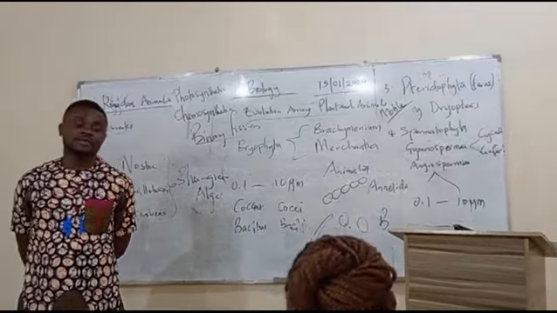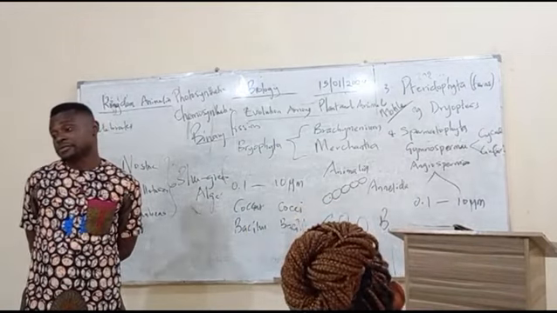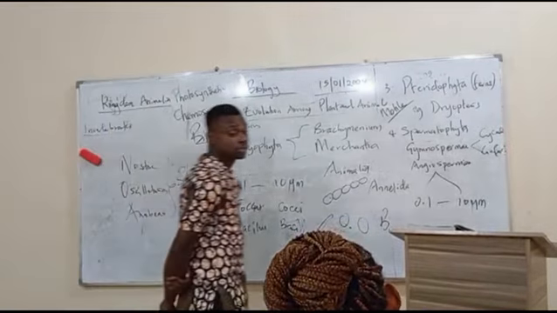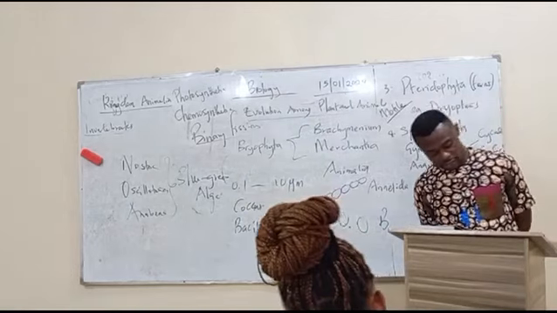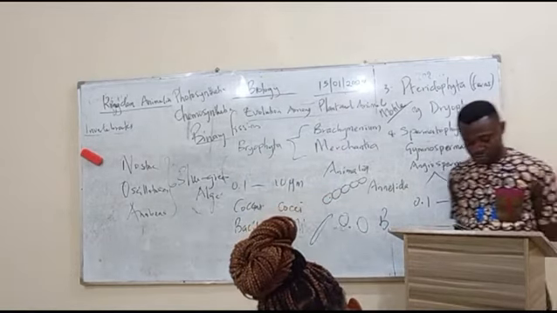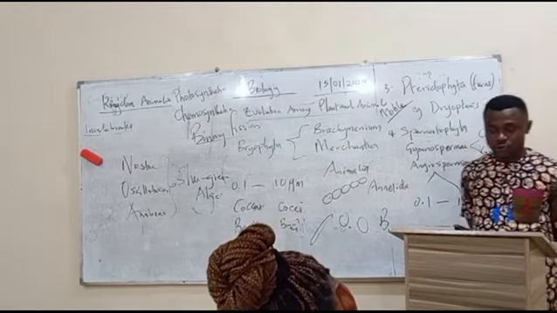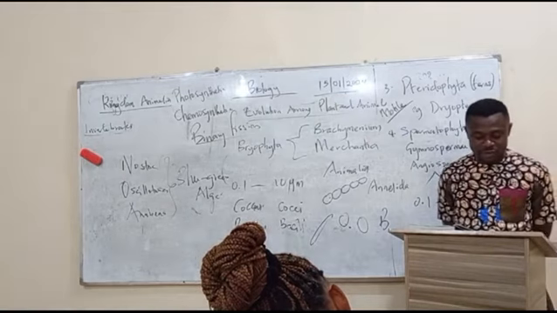Monera have a simple cell structure, but the cell structure of kingdom Protista is more complex. At the same time, they have a definite or true nucleus, as the case may be. Good. And they are larger than the Monera.